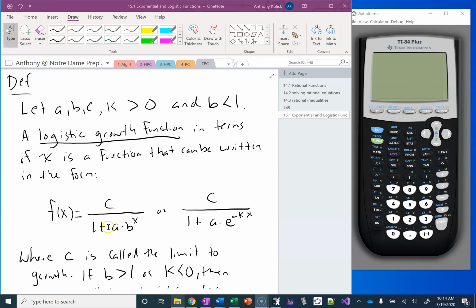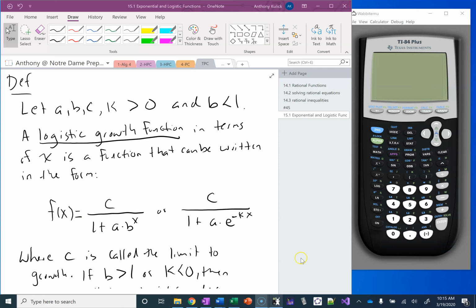But remember, this is an exponential function, and we have 2 forms we could write that in. One where we use any generic value b, and one where we choose the value of b to be that natural base e. So these are equivalent forms, just depending on how you've written your exponential part.